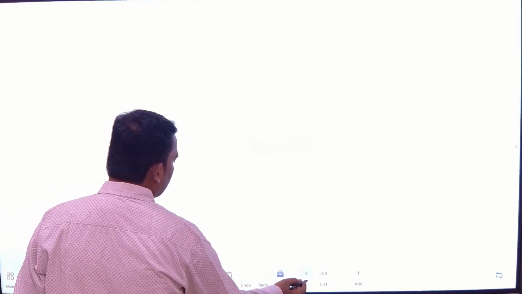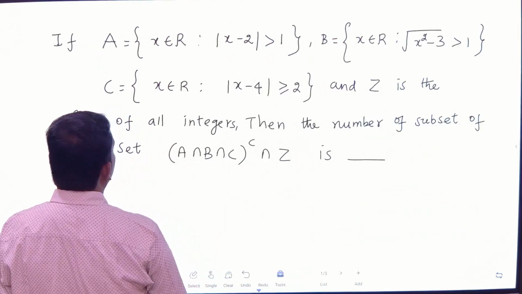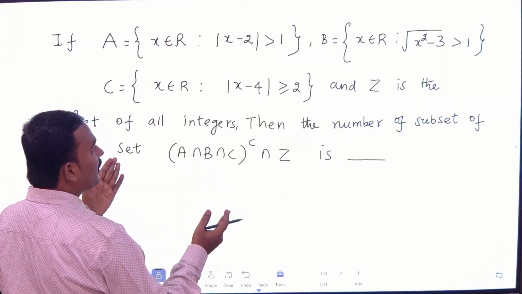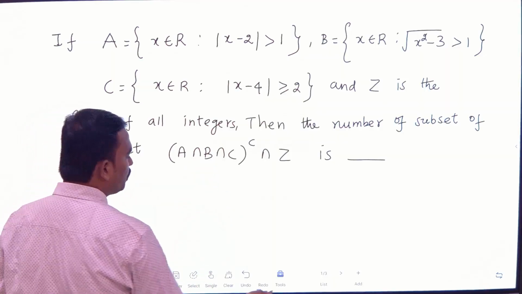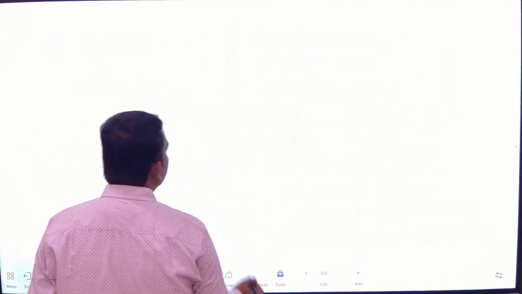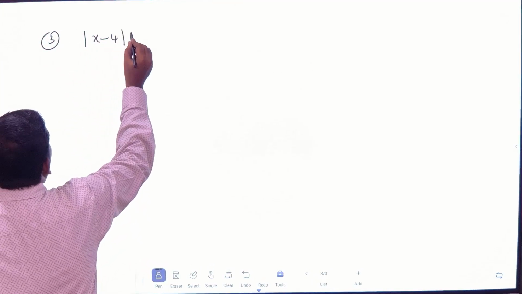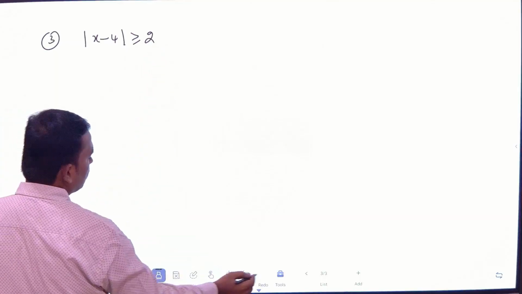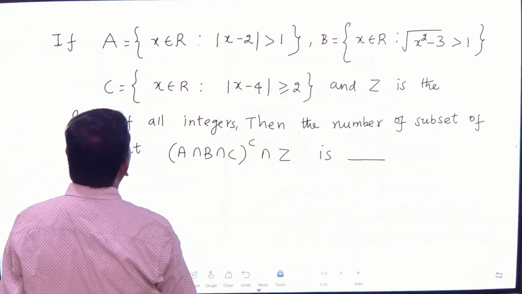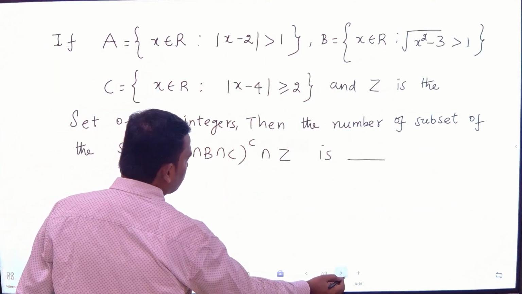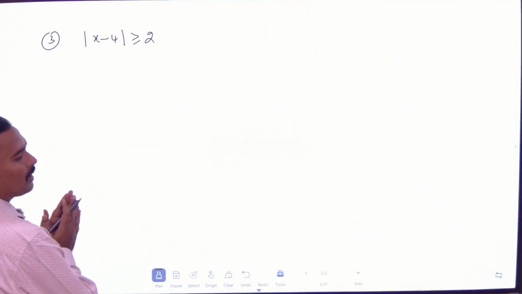In the set C, mod x minus 4 is greater than or equal to 2. Let me check once again. Yes, greater than or equal to 2. Then how to do this?